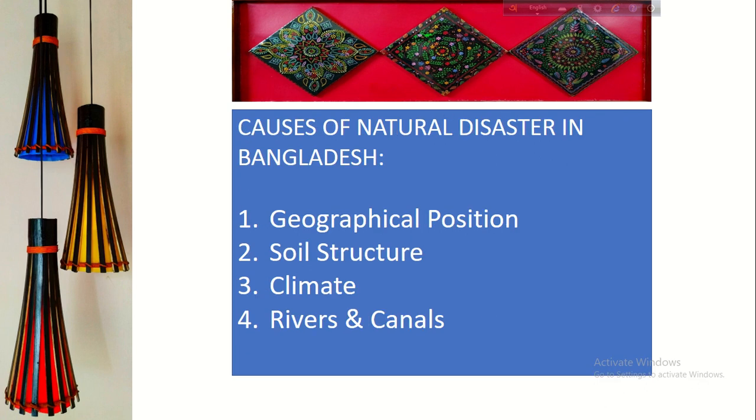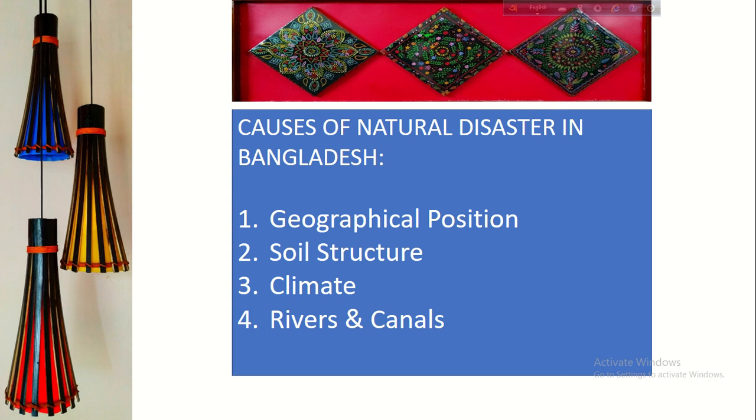Now, causes of natural disasters in Bangladesh. Why does Bangladesh experience natural disasters each and every year? We should know it. Natural disasters are caused by natural factors, and the geographical position, soil structure, climate, rivers and canals are responsible for natural disasters in Bangladesh.